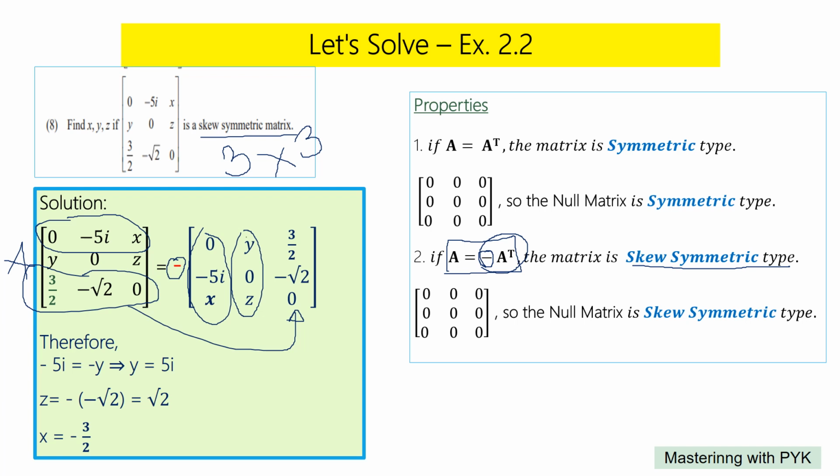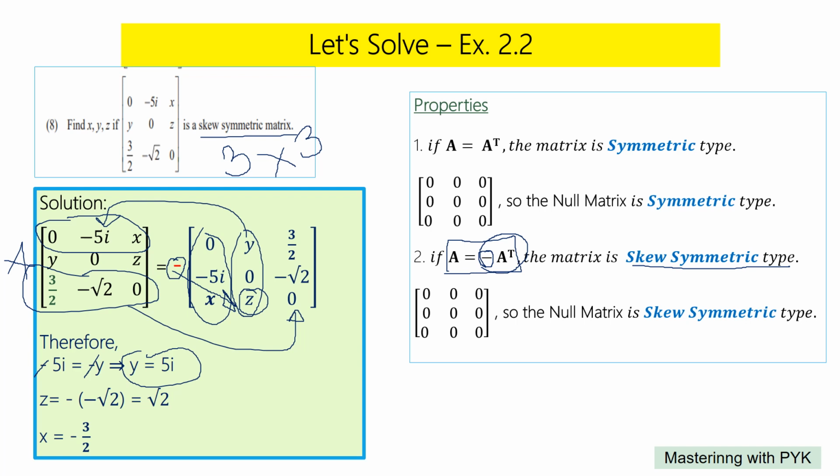So y, if we see directly, y is nothing but 5i, right? But then this is negative. So minus y is equal to -5i. Therefore, y is equal to 5i. The negative signs will get cancelled. Similarly, z. So this is -z. Don't forget the negative sign. -z will be -√2.